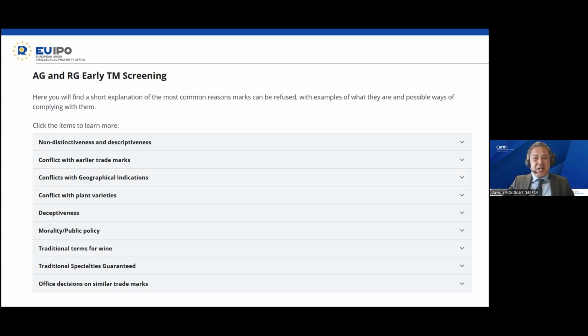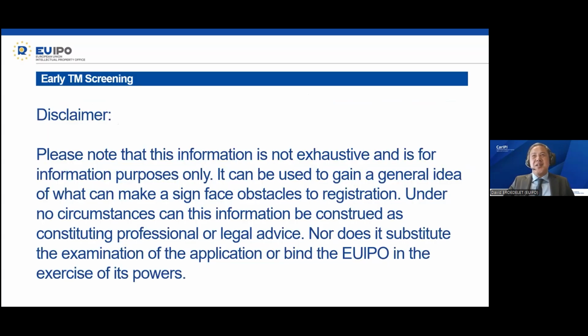This all sounds very well, but to avoid that we are doing the wrong thing, at the end of the whole tool, there is this disclaimer to say that if people use this tool, it does not mean an examination.